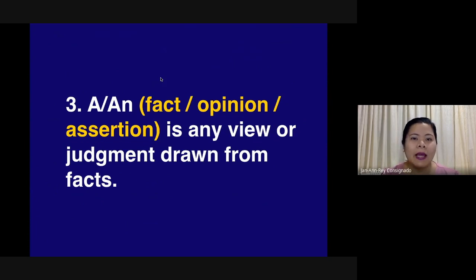Number 3, a or an, fact, opinion, or assertion is any view or judgment drawn from facts. That's number 3.